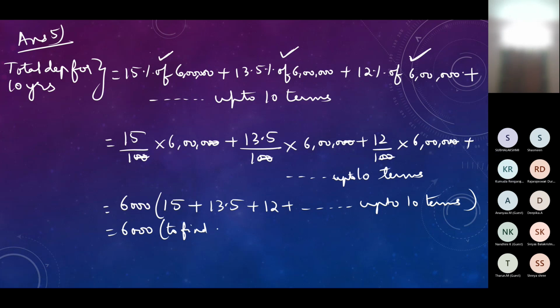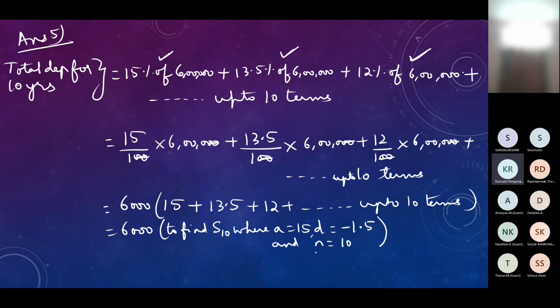To find S10, where A is equal to 15, D is equal to what, children? D is minus 1.5, ma'am. Minus 1.5. And N is equal to 10. 6,000 into that 15 plus 13.5 plus 12.